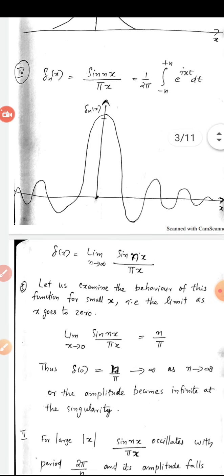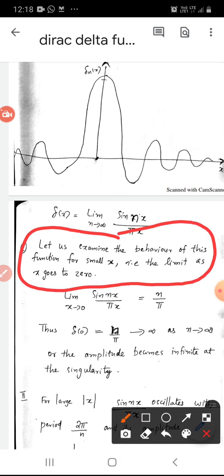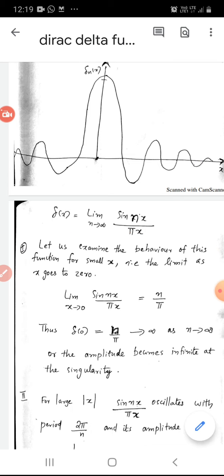Let's examine the behavior of this function for small x, that is the limit as x tends to 0, as n tends to infinity.